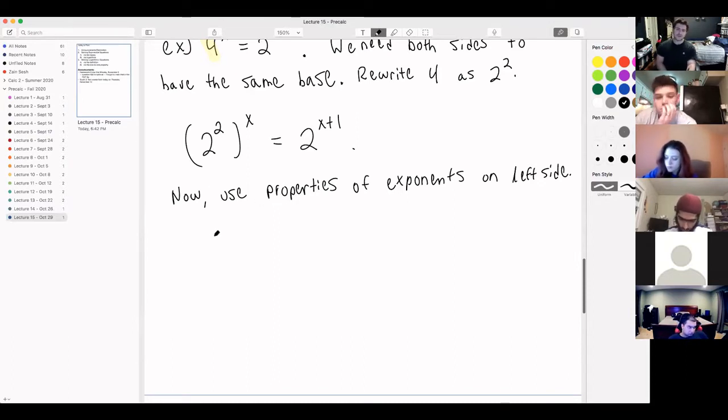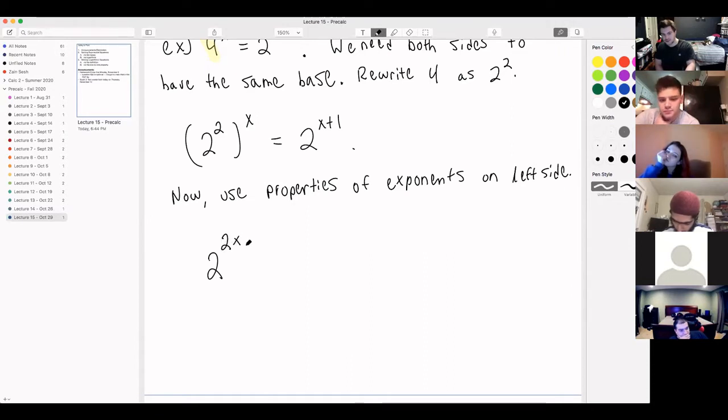Does someone want to maybe tell me how I can rewrite the left side? It's 2x. So on the left side, you would have to multiply the exponents. So what am I left with in total on the left side? 2 to the 2x. Yes, exactly.